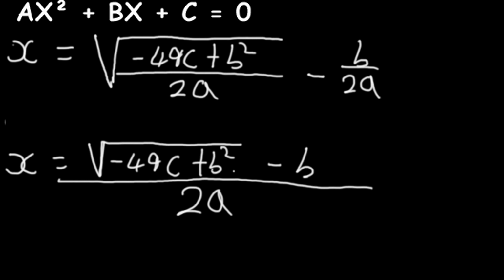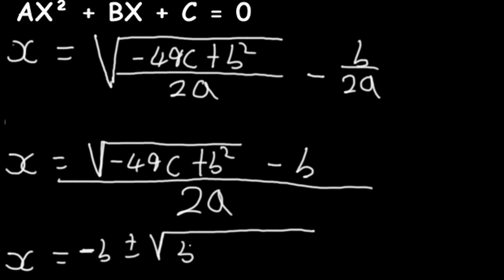Let's rearrange these variables. We are going to have minus b plus or minus, don't forget it is a square root, so it has to be associated with a plus or minus sign, the square root of b squared minus 4ac, all divided by 2a, and that's it. So that's how the quadratic formula was derived.